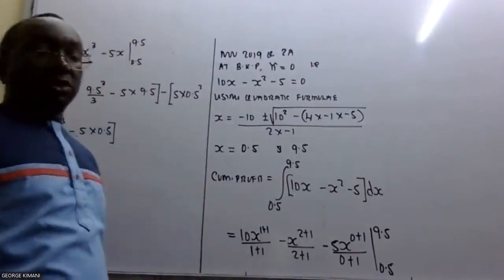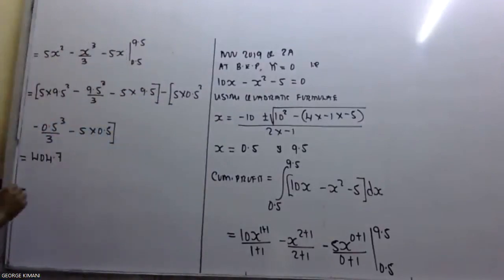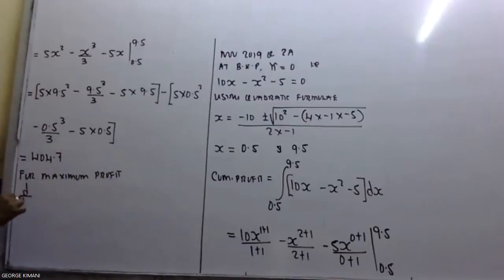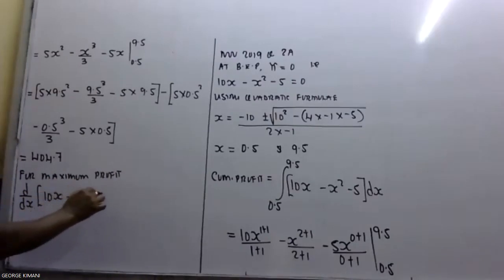Okay, so if that is what we have for 4.7, the next one is for maximum profit. Now this is our maximum profit. For maximum profit, you differentiate 10x minus x squared minus 5 with respect to x and set it equal to 0.